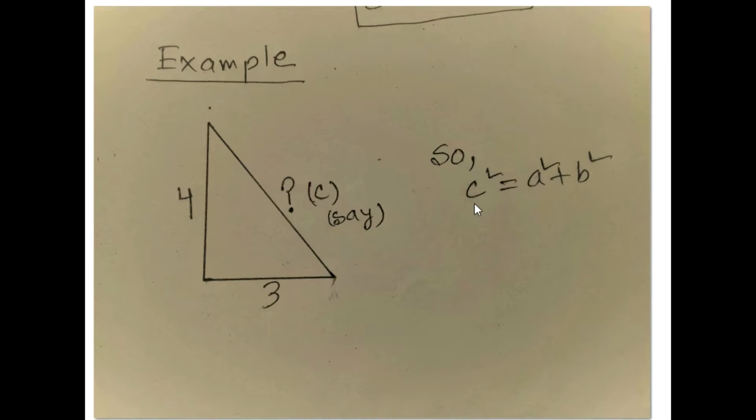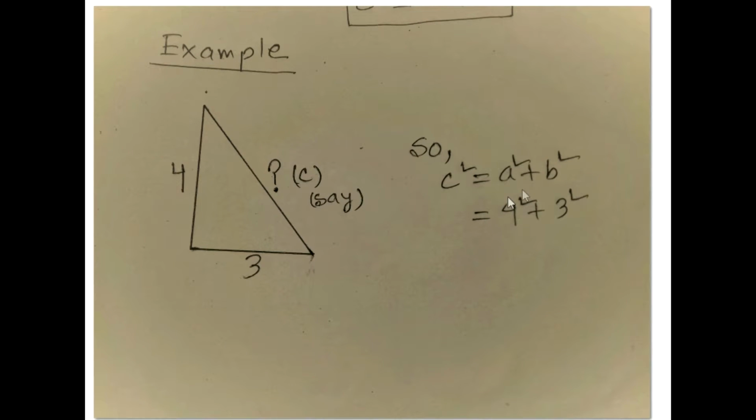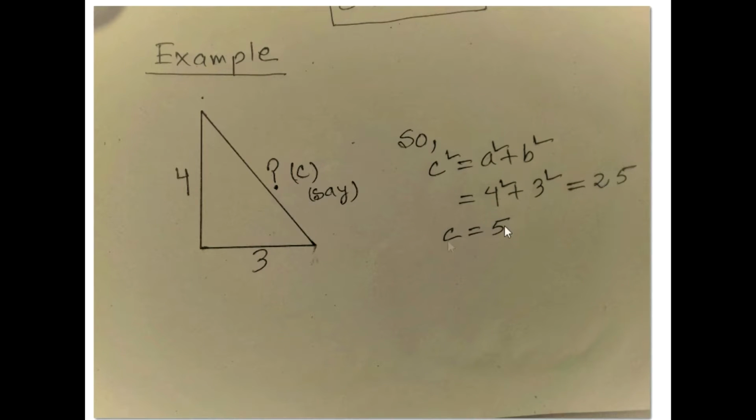From the Pythagoras theorem, we let this be c. So c squared is equal to a squared plus b squared, so c squared is equal to 4 squared plus 3 squared. One is 4 and the other is 3, so a equals 4, b equals 3. You can say a is equal to 3 and b equals 4, no problem. So c squared equals 4 squared plus 3 squared, which is 25, and c equals the square root of 25, so c equals 5.